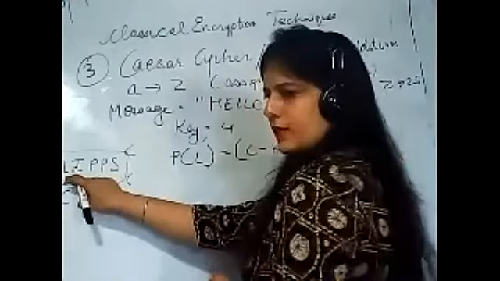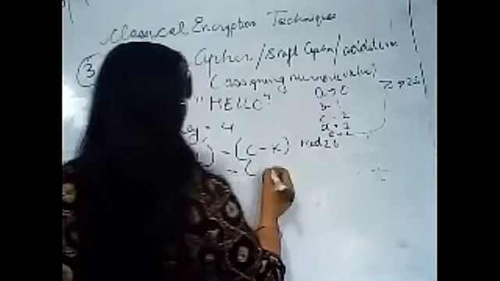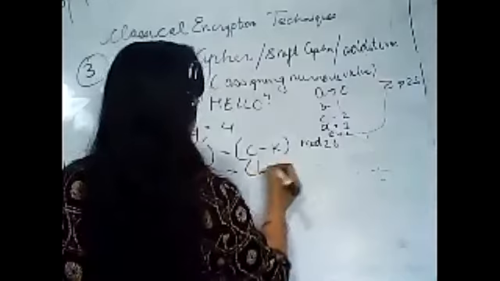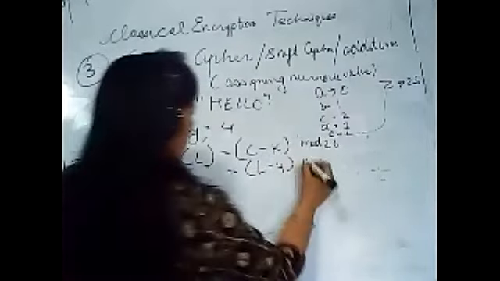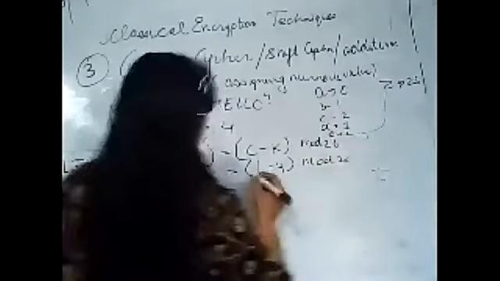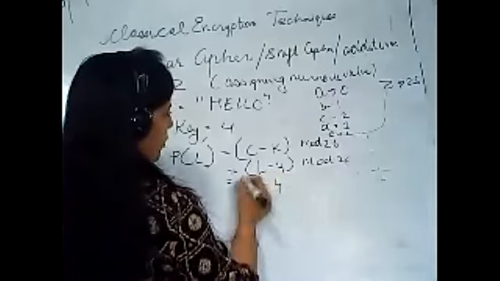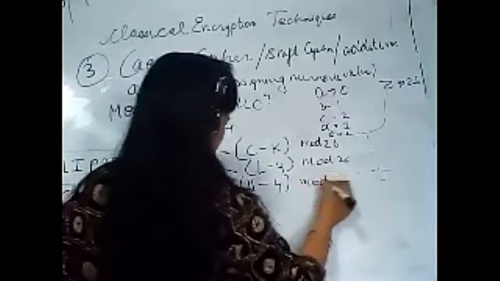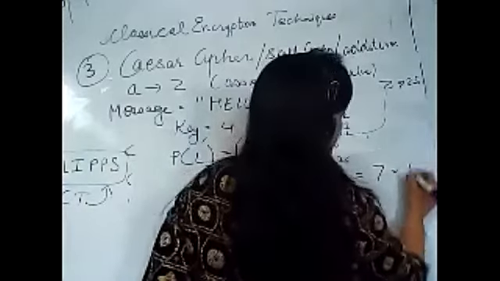That is P of L. We are using this particular part. So that is L minus 4. K will remain the same. Mod 26. So what is the value? That is L 11 minus 4 mod 26. So what answer will we get? That is the value 7. That is H.